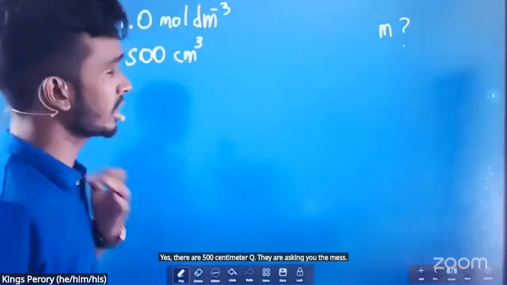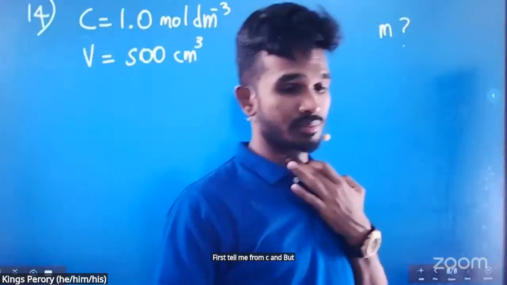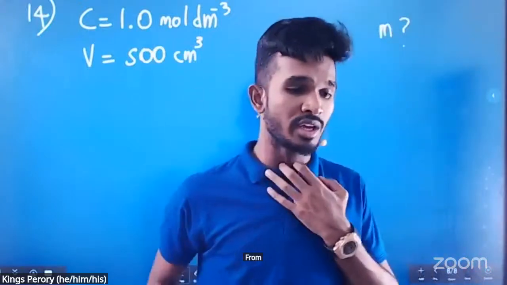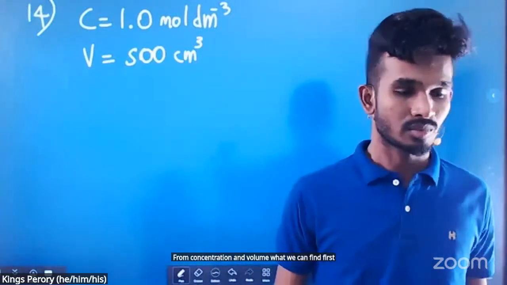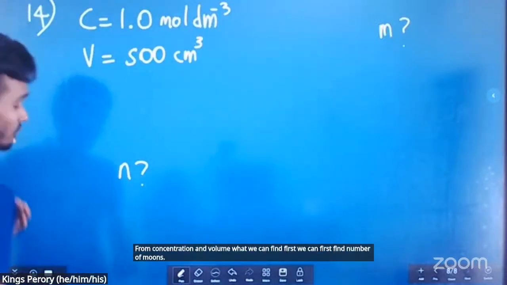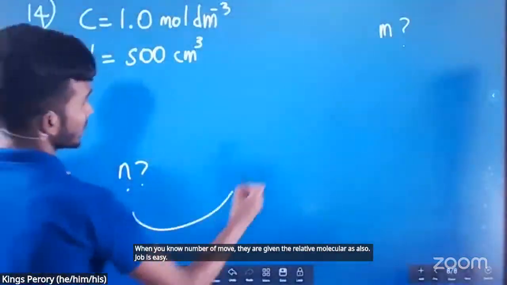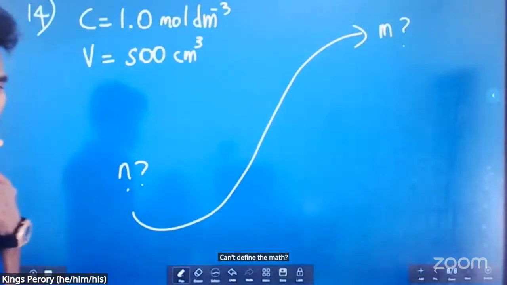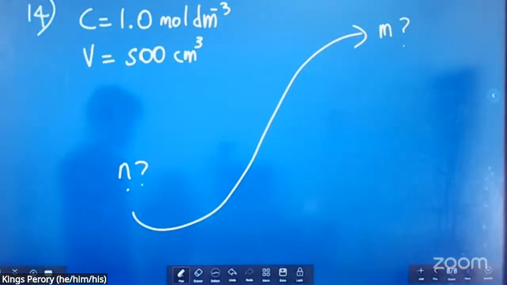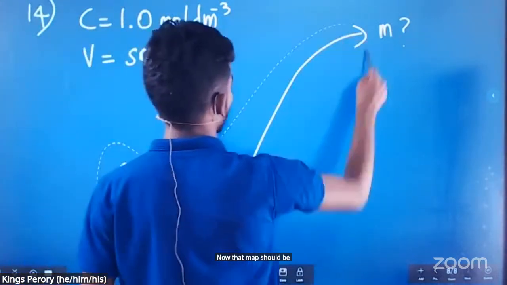First tell me, from C and V, what can we find first? Moles. We can first find the number of moles. When you know the number of moles, they have given the relative molecular mass also. Job is easy. Can't you find the mass? Yes. So now that map should be processing in your mind. How are you going to do the question?